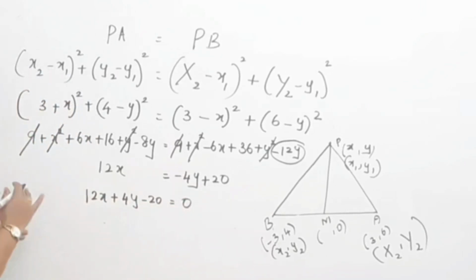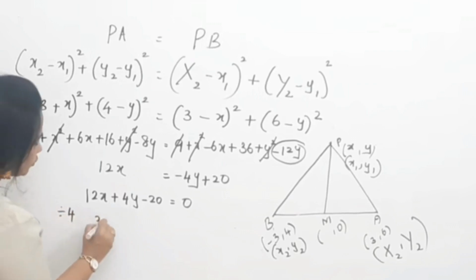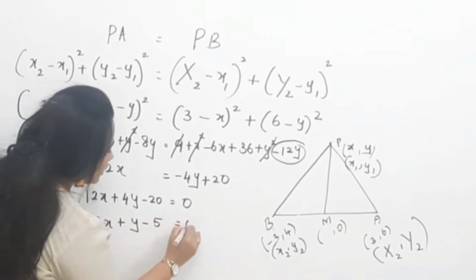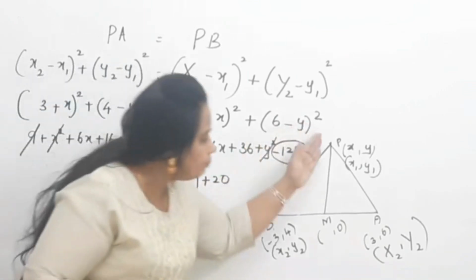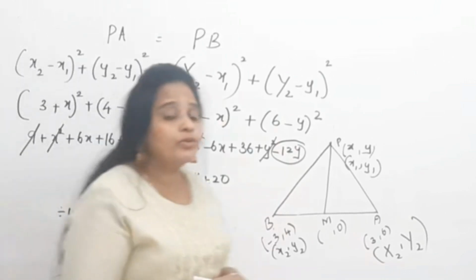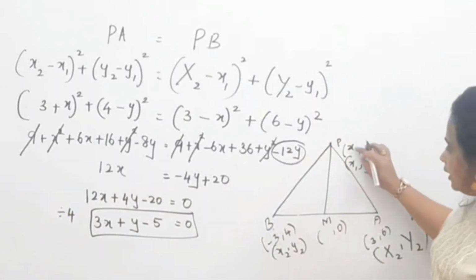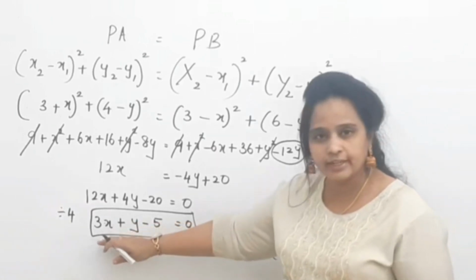I told you a common factor must be taken out. Please divide it by 4. So 3x plus y minus 5 equal to 0 is my equation of the perpendicular. Hope everyone understood now how to get the equation. If you have substituted in place of x0, you will not get the equation.